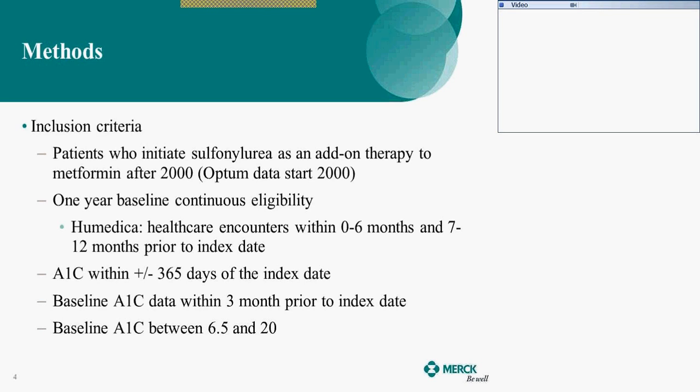We define sulfonylurea as an add-on treatment as a metformin prescription prior to the sulfonylurea prescription, whose days of supply also overlap with the sulfonylurea prescription. And we restrict to patients with at least 1 year of baseline continuous eligibility. This is relatively easy to do in claims data.